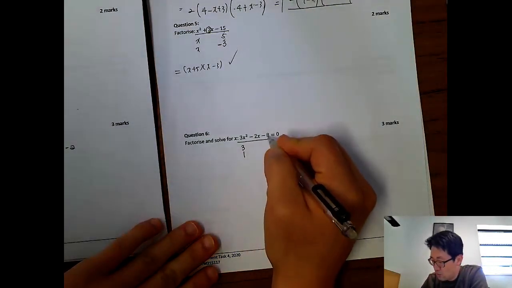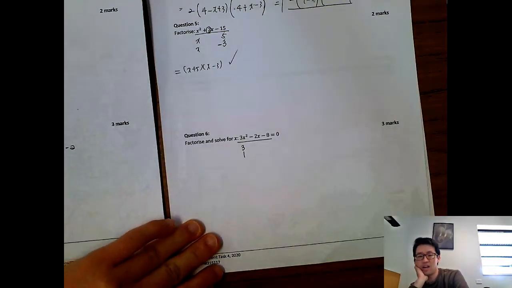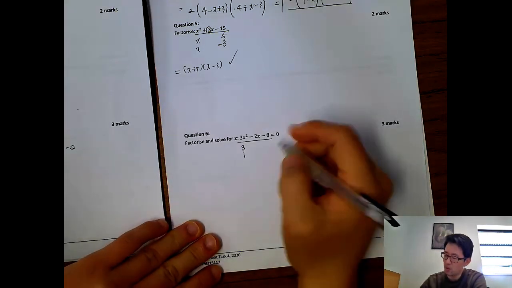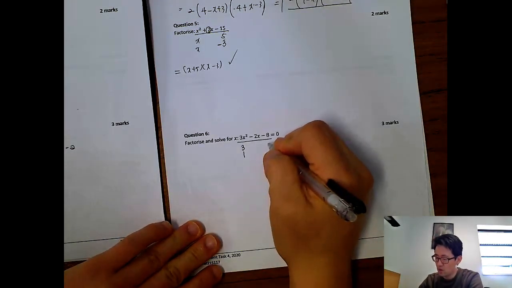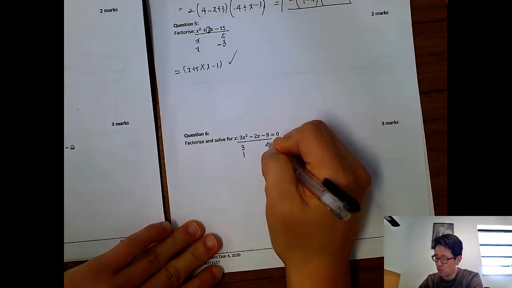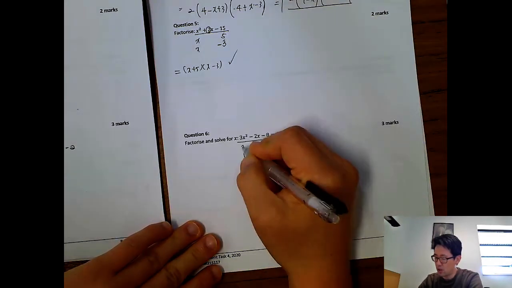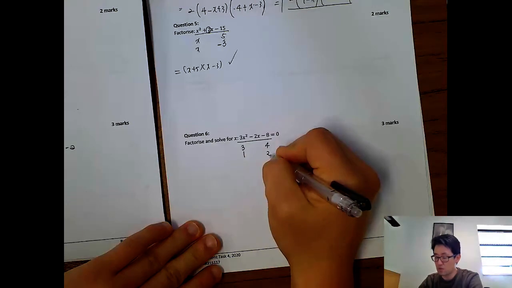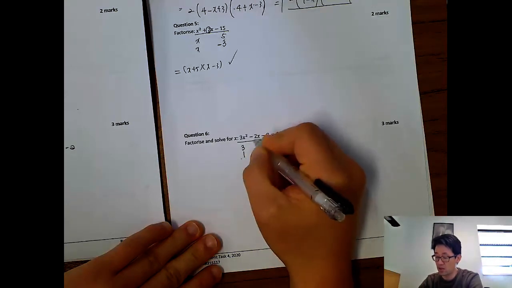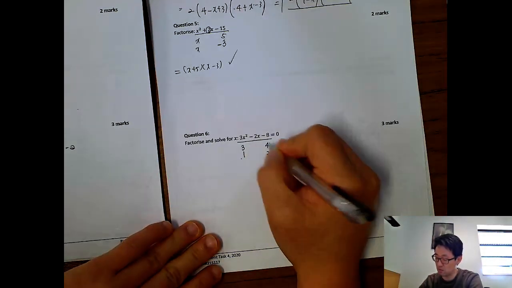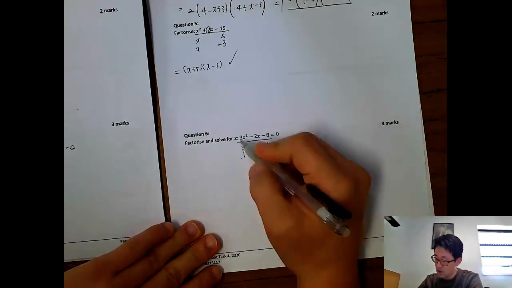And what times what will give 8? 1 and 8, then it's not going to work, the numbers are too different. 4 and 2, yep. When I do 4, 2 and cross multiply, 3 times 2 is 6, 4, okay, the difference is around 2, isn't it? Good, it probably must be 4 and 2.